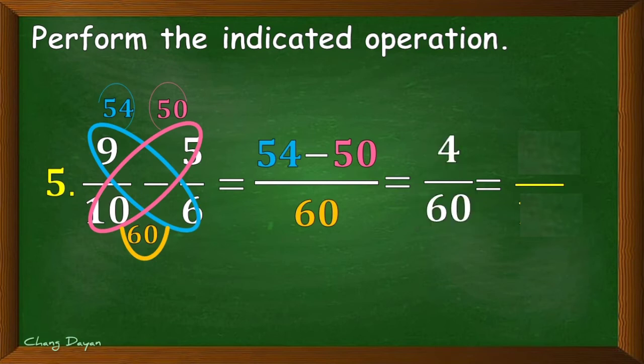Then, copy natin ang denominator na 60. Ano kaya ang common multiple nito? Correct, that is 4. So, 4 divided by 4, the answer is 1. Next, 60 divided by 4, the answer is 15. At wala na itong lowest term, kaya ang 1 over 15 ay final answer na.